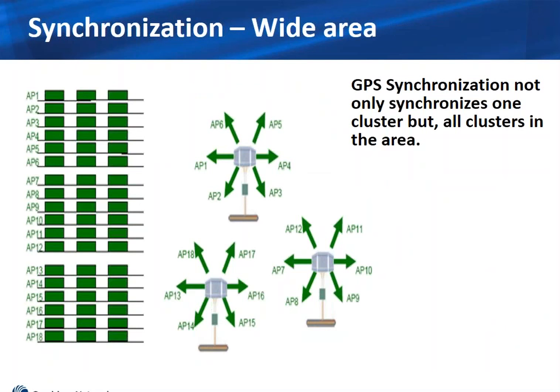There's a very precise timing pulse that comes with being able to receive GPS. And that very precise timing pulse is what we use not only at a single site to synchronize all the access points that might be deployed co-located on a single tower or structure, but across a whole neighborhood of sites, or a whole federation of sites, as the term is sometimes used.